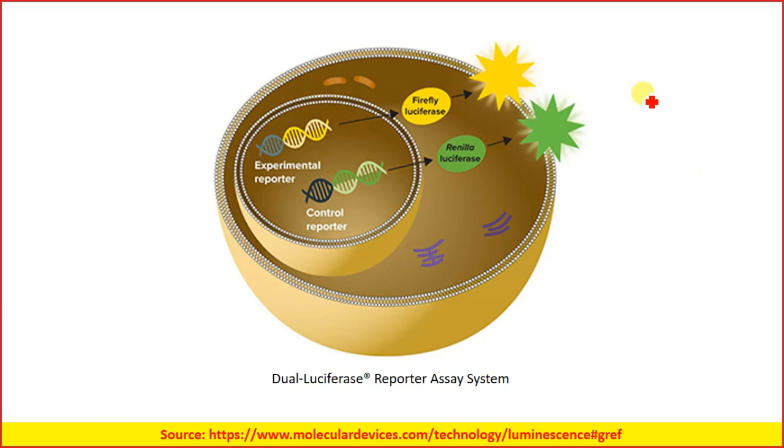So what I am saying is, you have experimental reporter and control reporter. You transfect these reporters in the ratio of either 2:1 or 1:1. Now, individually you measure this one, individually you measure that one. Now you can go for this validation.